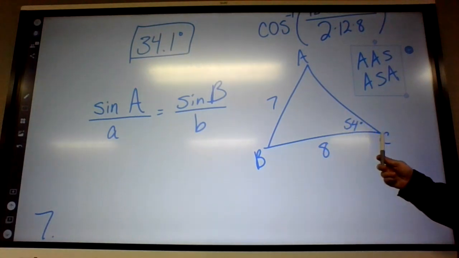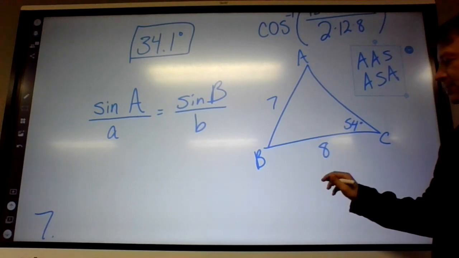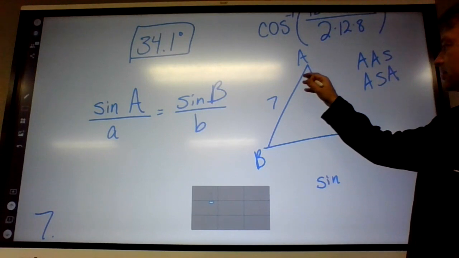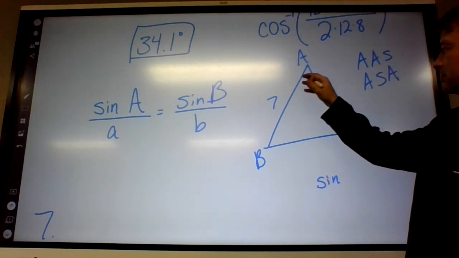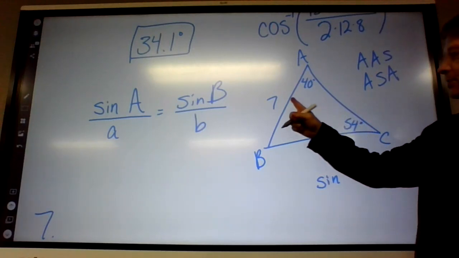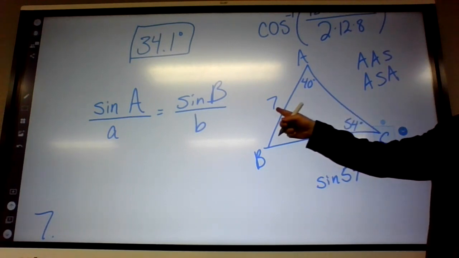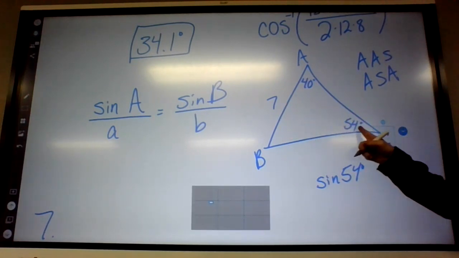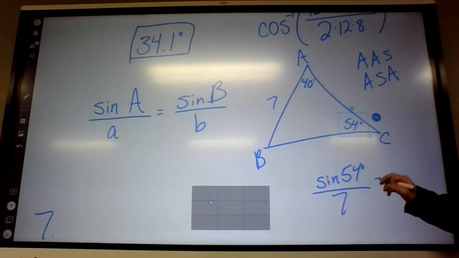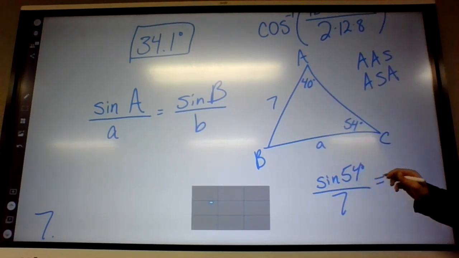So sine of 54 over 7. Well, you know how if this is angle C, this is side C, right? So you do sine of 54 over 7 equals sine of 40 over A.